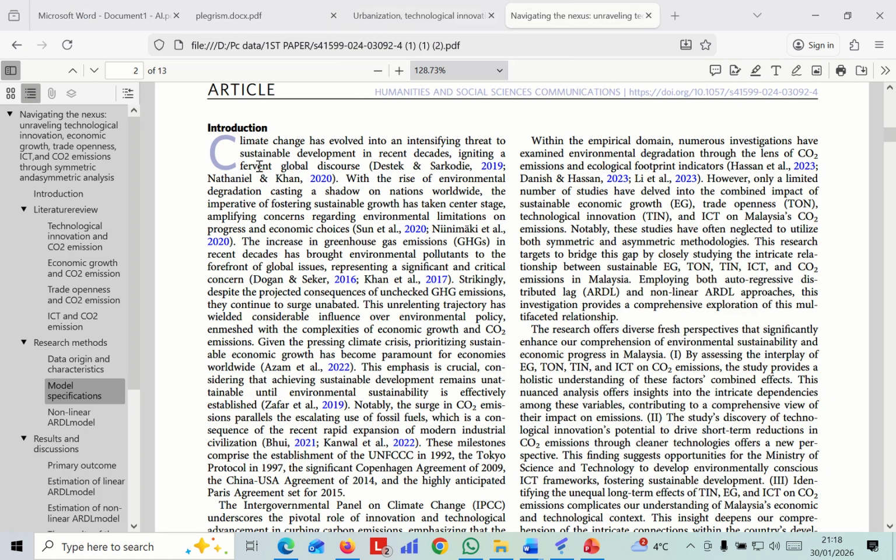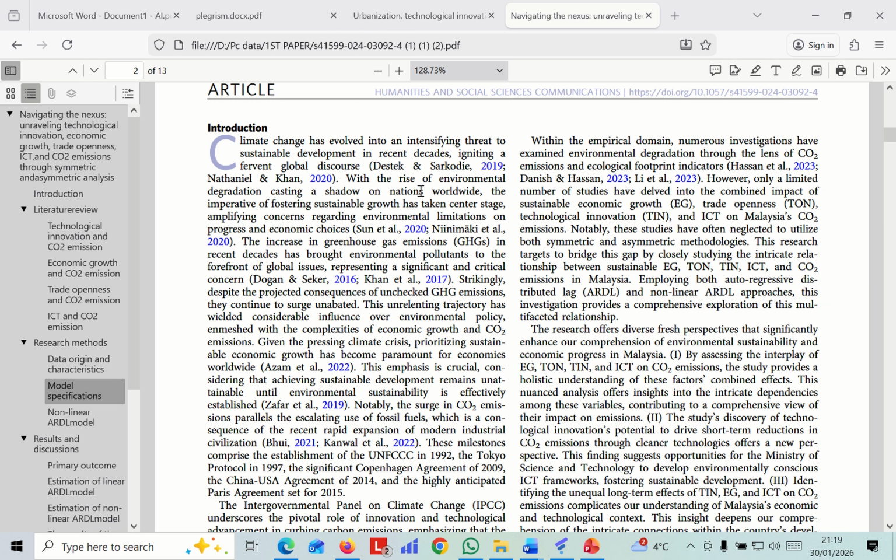Most research papers start with the global issue. In this paper, the author began with climate change. Climate change has evolved into an intensifying threat to sustainable development in recent decades. This is the first part of the introduction.